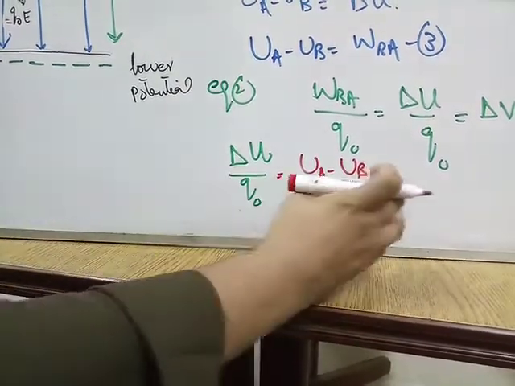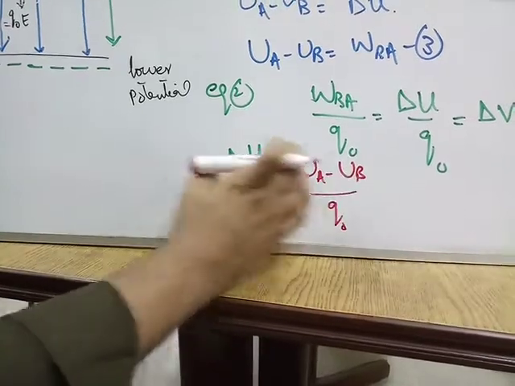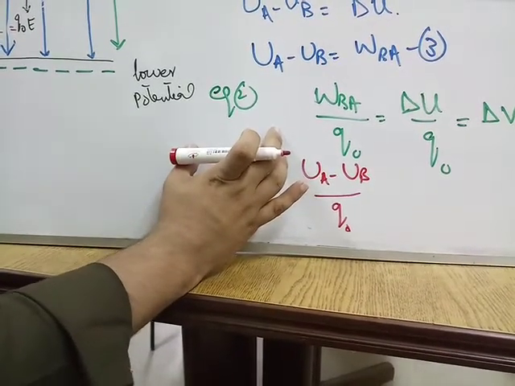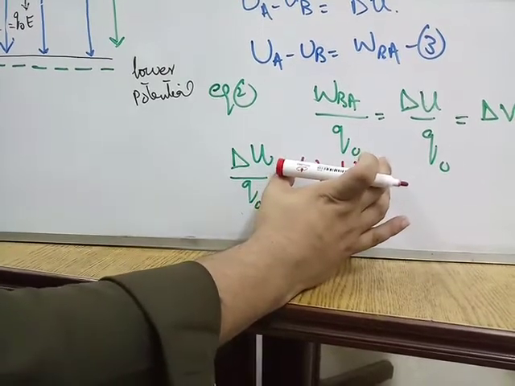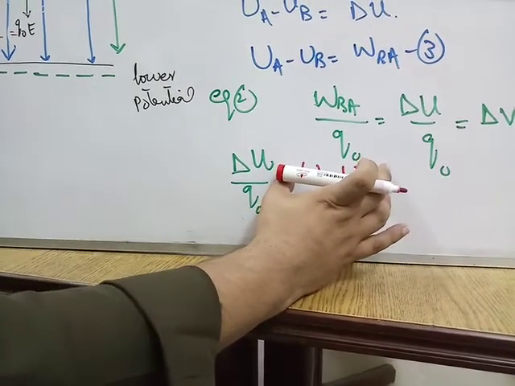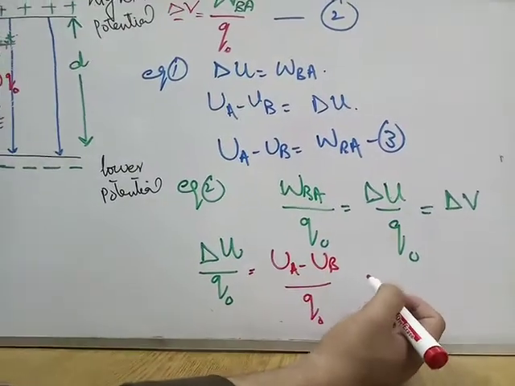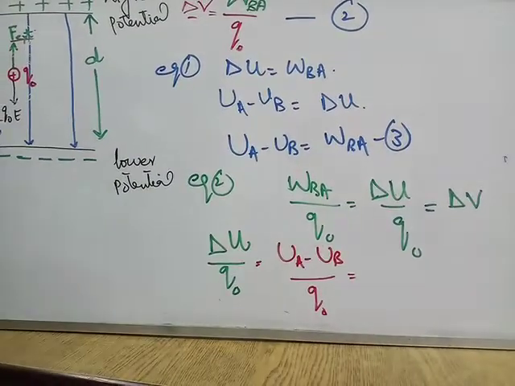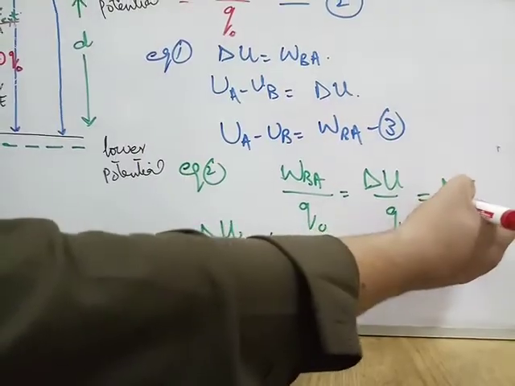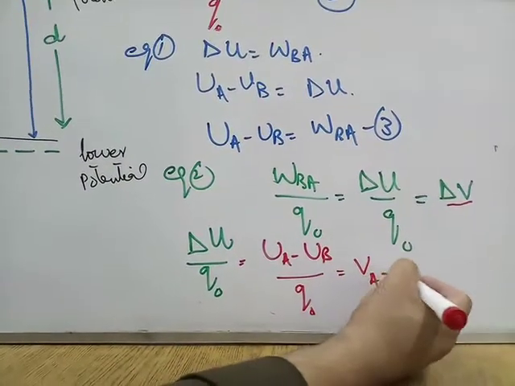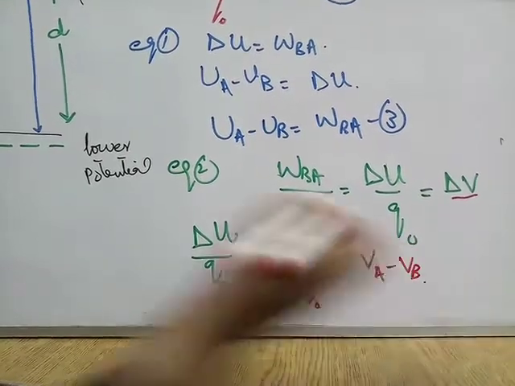I just replace delta U, which is the change in potential energy, with UA minus UB, which is the difference between the potential energies at plate A and at plate B, and these are equal to the change VA minus VB.